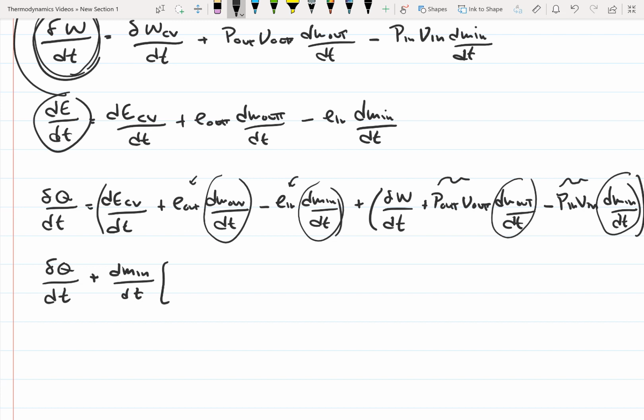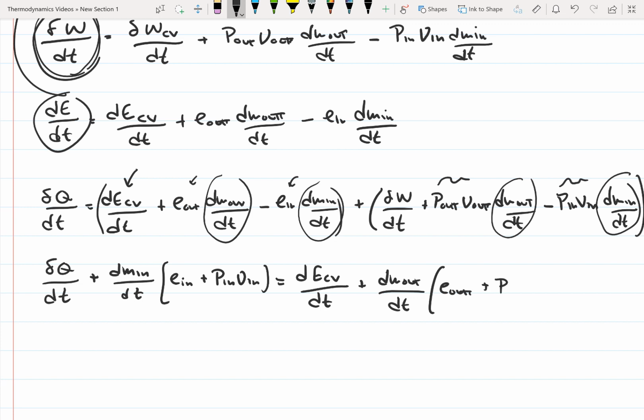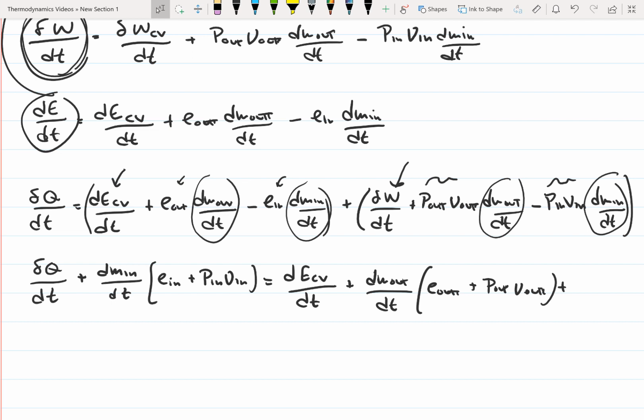So I have dm in dt multiplied by E in plus P in v in, where v is the specific volume, is equal to, and then I have this term, dE_cv/dt plus dm out dt multiplied by E out plus P out V out, plus, and then I have this work term, dW_cv/dt. So this is the other work.